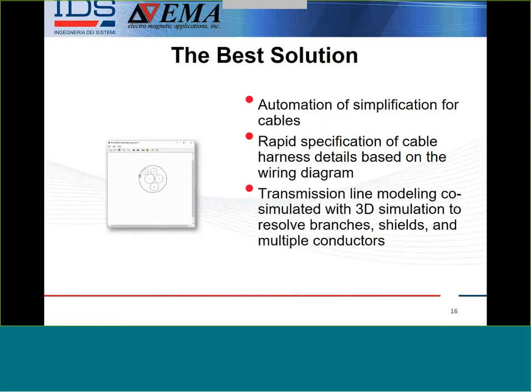And then finally, we can use transmission line modeling that co-simulates with the 3D modeling, and that transmission line for the cables needs to have all the branches, the shields, the conductors. And it's at this point, once we pack the cables with all the details, that we resolve that diameter that we simplified away in that first step. And in fact, that's reasonable because those CAD tubes that you see in the models, they're not real most of the time.